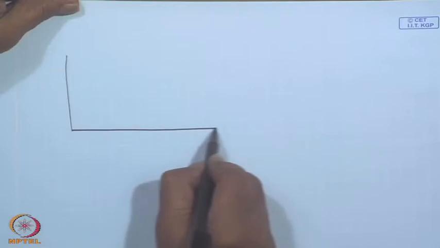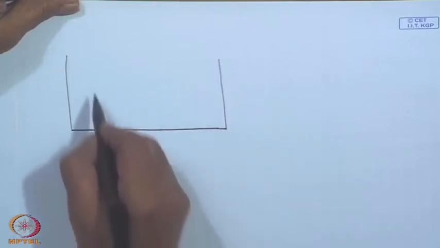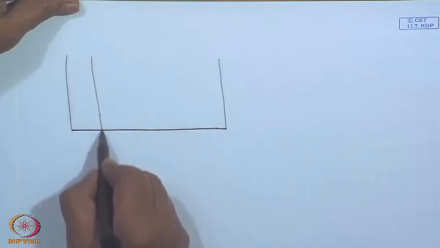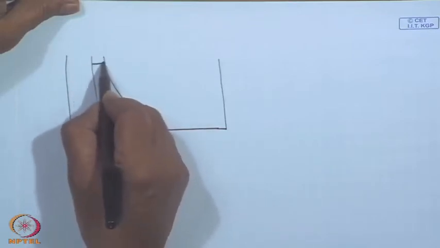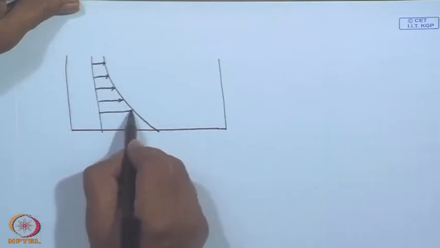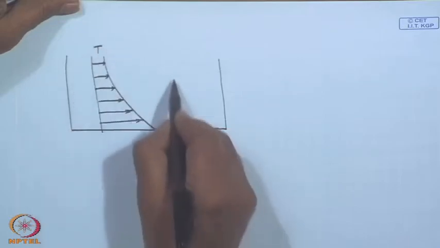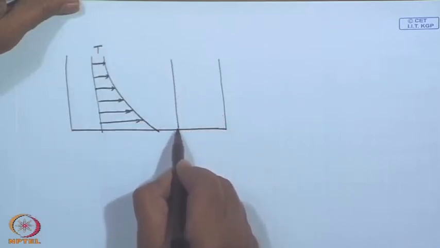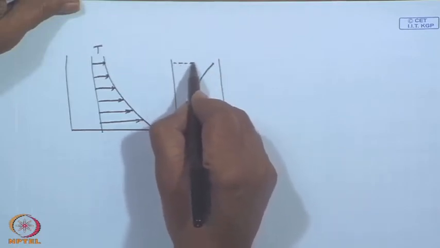So, if we imagine initially that you have got a temperature profile like this, somehow I maintained it, somehow I got it, then the corresponding density will be like this.